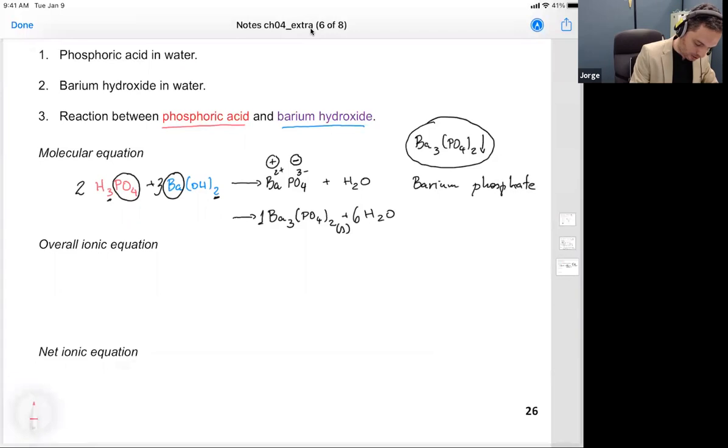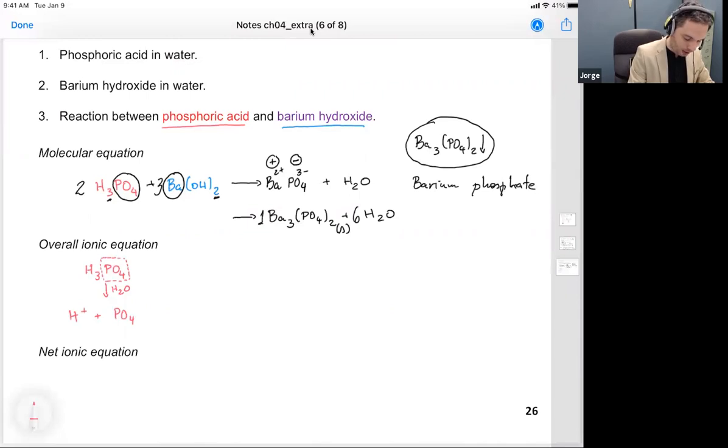is to start with the compounds. So let's start with H3PO4. And let's first represent what happens when we dissolve H3PO4 in water. Because this compound is an acid, it has to produce H+, plus whatever is left that's not hydrogen. Okay, PO4. That's everything that was left.